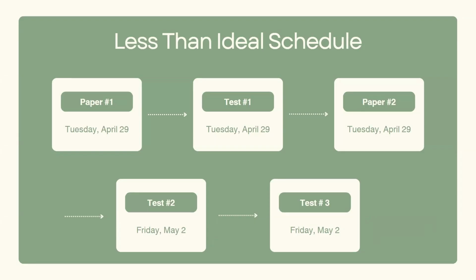And then 2 tests might occur on May 2nd, which is the first day of finals. We can't make a plan without seeing how the deadlines fall in relationship to one another, because otherwise it's not going to be realistic.